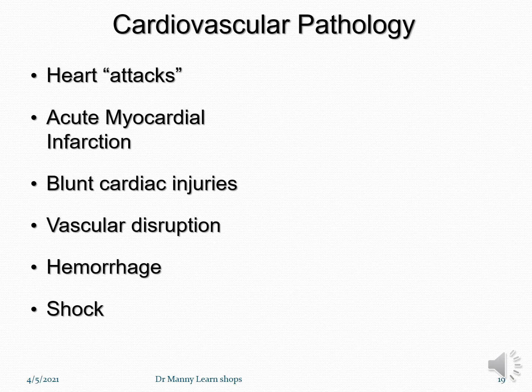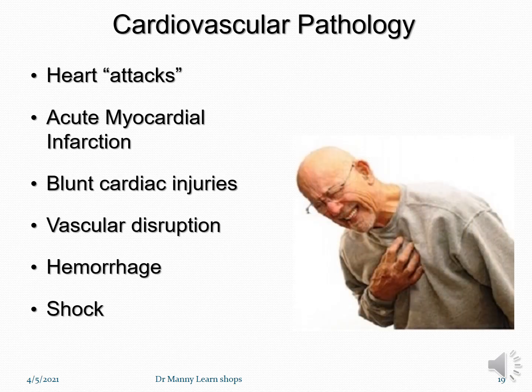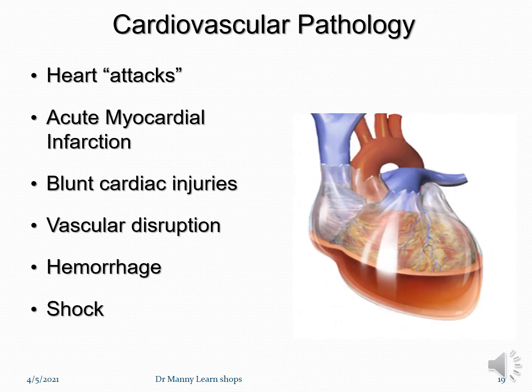Let's look at some of the selected cardiovascular pathology that can occur in a human being. You can have a heart attack, but essentially it's a lay term to say that you've got a cardiac problem. You can have an acute myocardial infarction, which this man's experiencing. You can have injuries that result in pericardial effusion, as you can see here, where the pericardium, which is the covering that surrounds the heart, is full of fluid.